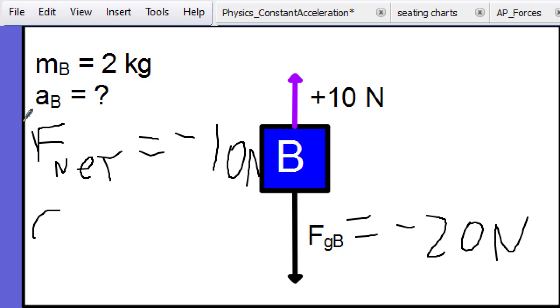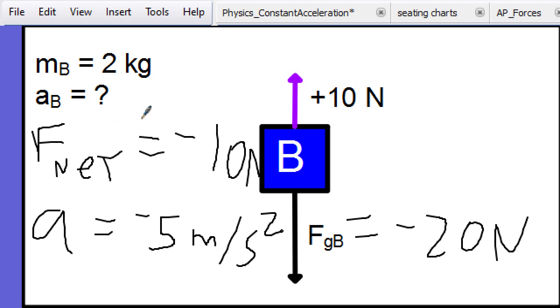And then find the acceleration using our equation from before, force divided by mass. And remember, that has to be net force. So that's going to be negative 10 divided by 2, giving me an acceleration of, what's 10 divided by 2? Right, 5. Hopefully this is pretty simple.